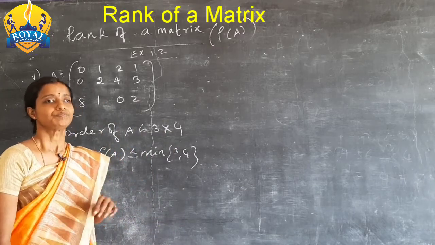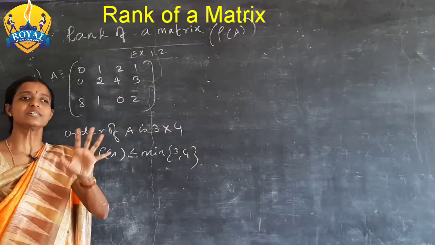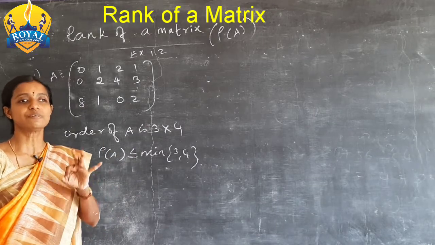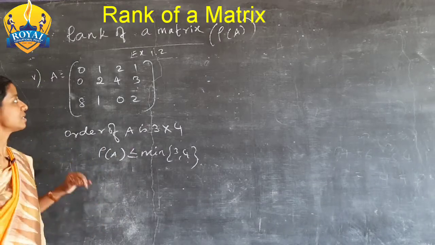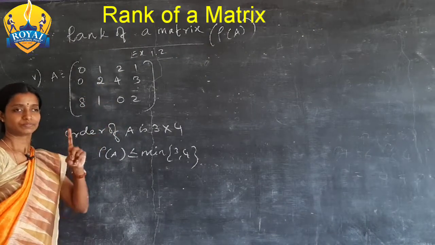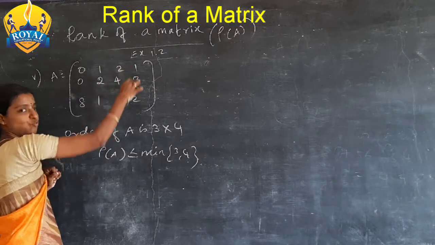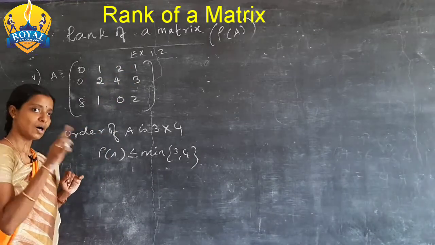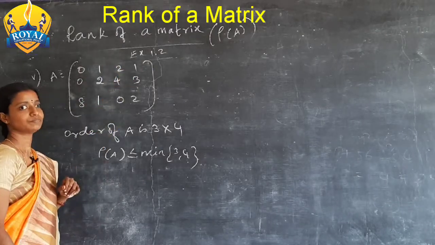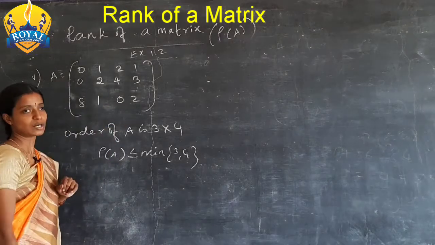So first, what are all the possible ways of considering 3 cross 3? I have here 3 cross 4. So I can consider first column, second column, third column, or first column, third column, fourth column, or first column, second column, fourth column, or second column, third column, fourth column.